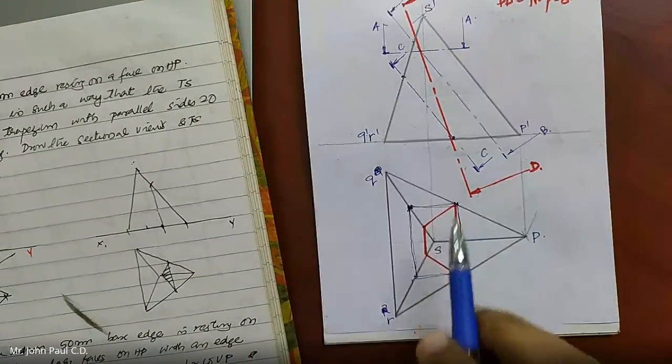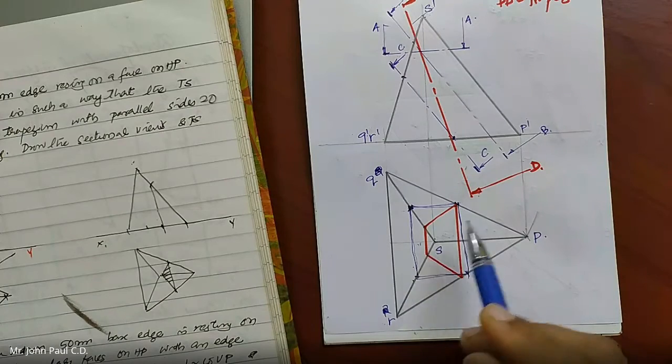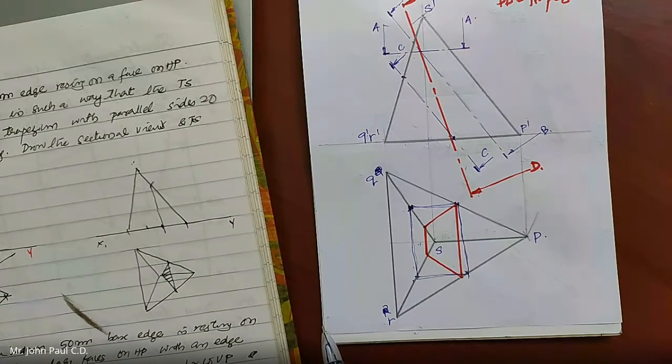So the trapezium will have two sides which are parallel, one of which is 20 mm and the other is 30 mm. Draw the sectional views and the true shape of the section.